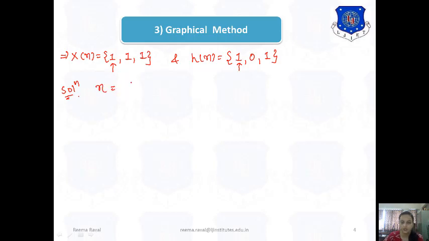The range of n will be 0 to 4, because x of n has instants 0, 1 and 2, and h of n has instants 0, 1 and 2, where the lower range is 0 and the higher range is 2 plus 2, that is 4. So n equals 0 to 4, and k's range will be according to x of n, that is 0 to 2. For these ranges we need to find y of 0 to y of 4, right?